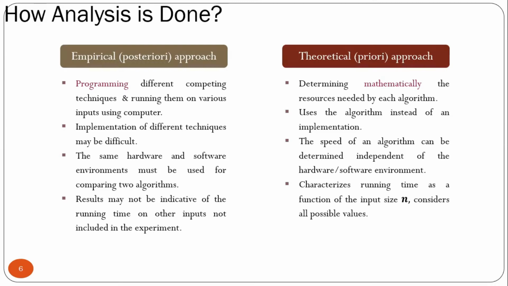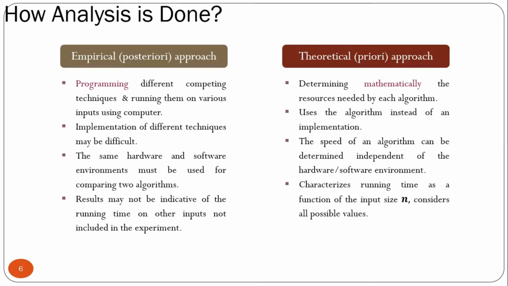For that, those 5 algorithms need to be converted into program code. After converting them to program code, they are run in the computing environment. From there, you will calculate the time and space taken by each of them, and the algorithm which takes less time and less space would be the best one.